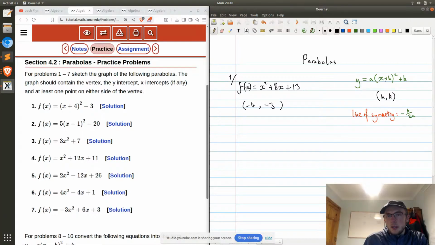Okay, so it appears that vertex form is more accurately put as y equals a, x minus h squared plus k, like that. All right, so that's the vertex, if I'm not mistaken.